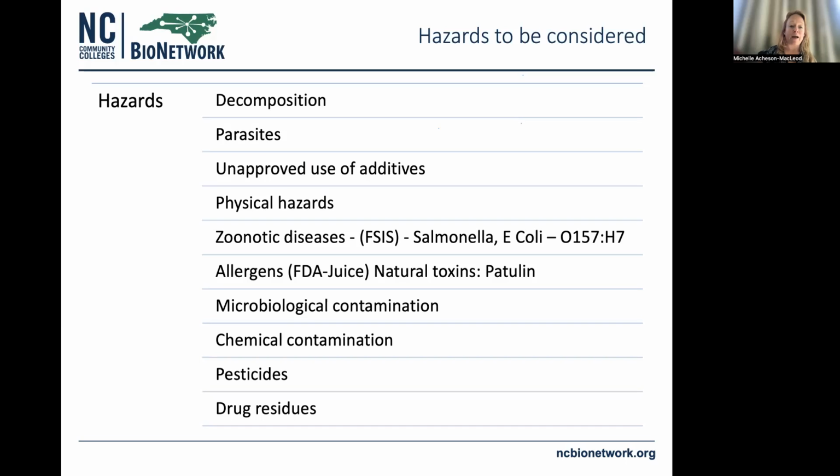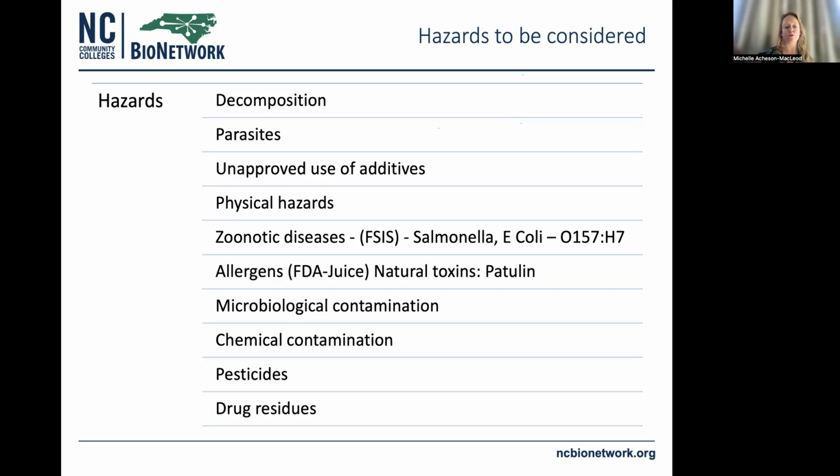When we look at different hazards, they require us to look at things like decomposition, that's the breakdown of your product, and parasites. Maybe I have some worms that are associated with a product I make because I'm making pork. Unapproved use of additives. So we need to make sure we're using additives that are allowed, that are safe, right? We don't want to use, say, a dye color that's unsafe to use. Like there's a blue color that's extremely toxic, or like they used to use arsenic for green.